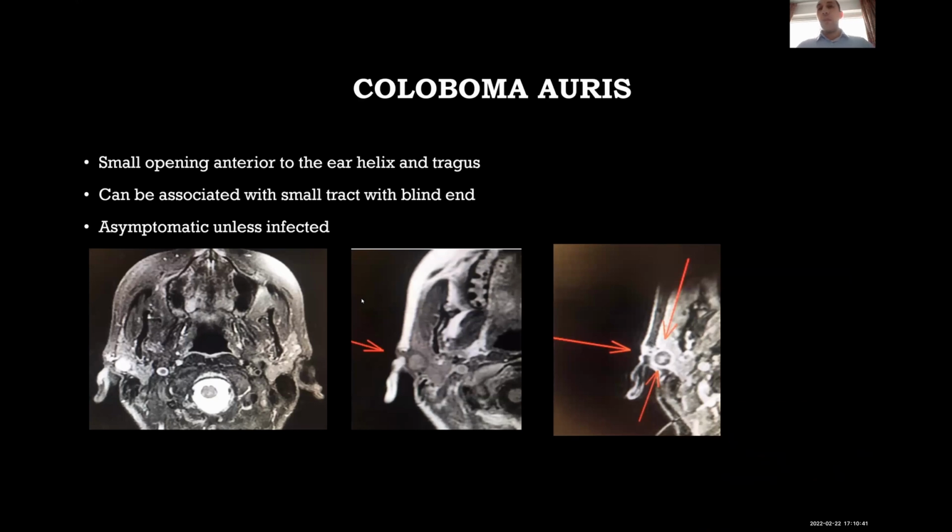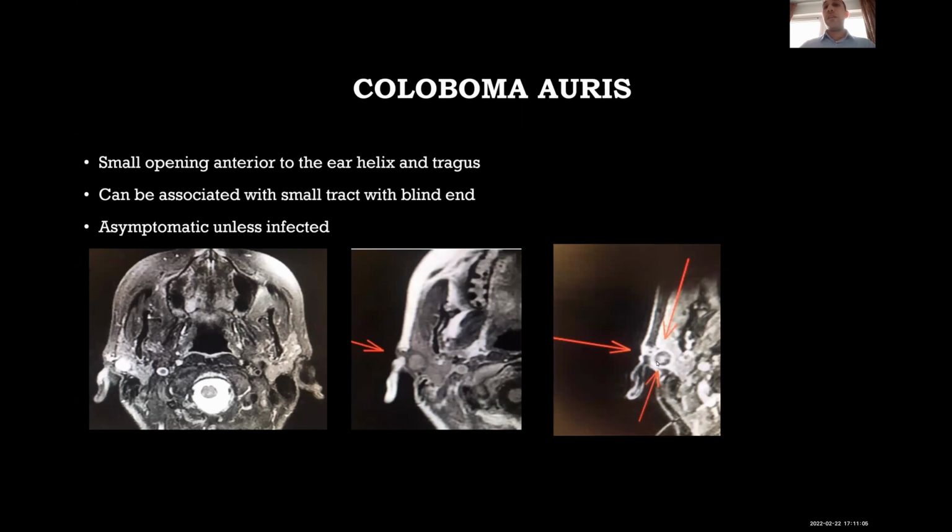Coloboma oris, actually, I saw it once in my life in one of the children. He had a very small hole in the skin, and this can be asymptomatic, but there is a familial tendency, and this canal can become complicated and infected.